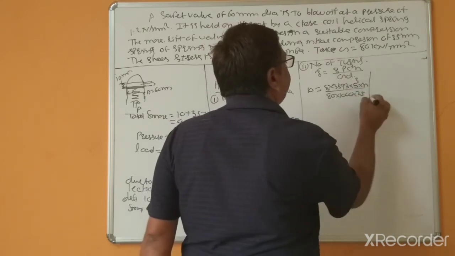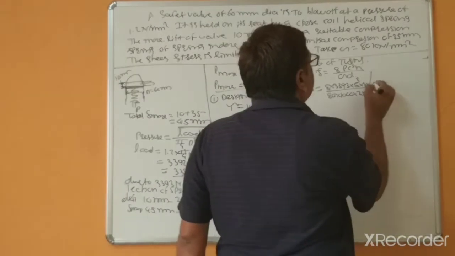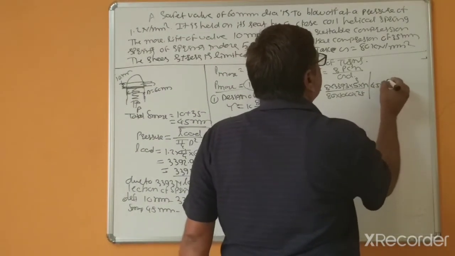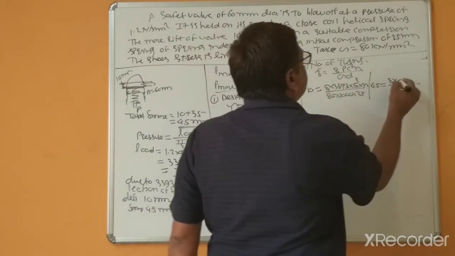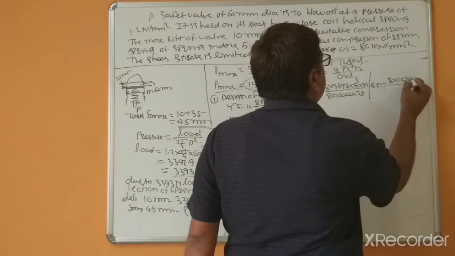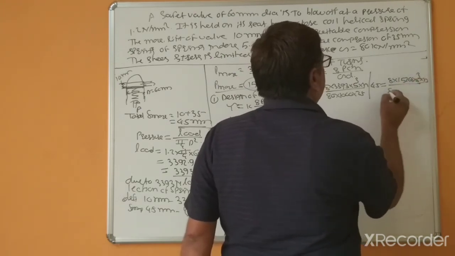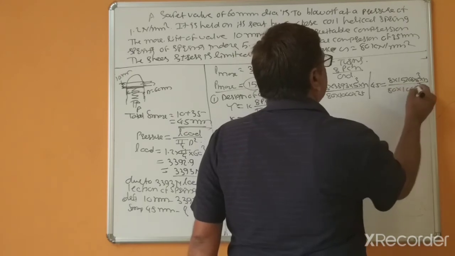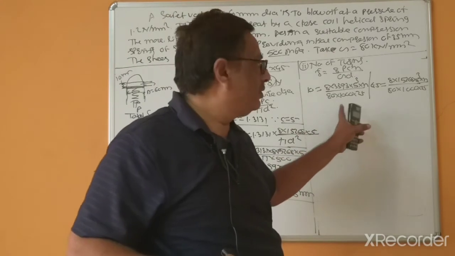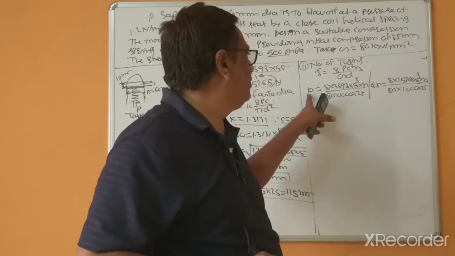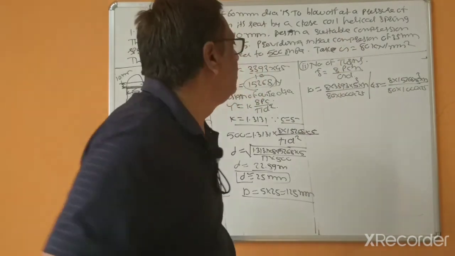Or purposefully I am explaining, this is 45 equals 8 into 15268 into 5 cubed into n divided by 80 into 1000. You can take any equation, any formula. If it is 10, this is 3393, and if it is 45, that times this is the load.